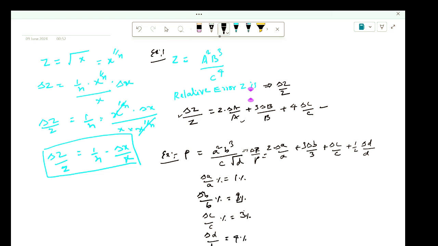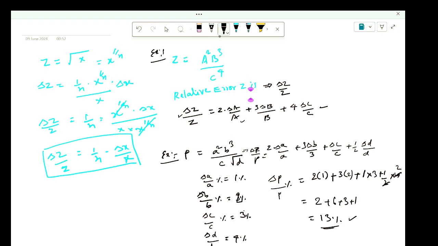So then the percentage error in the P quantity is equal to how much? These are percentages given, not errors. So that is equal to 2 into 1 plus 3 into 2 plus 1 into 3 plus 1 by 2 into 4. Therefore the total answer is 2 plus 6 plus 3 plus 2, that is equal to 13%.